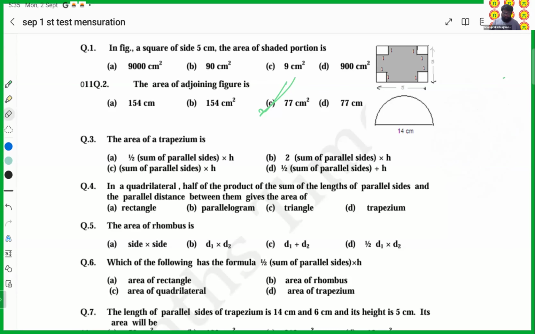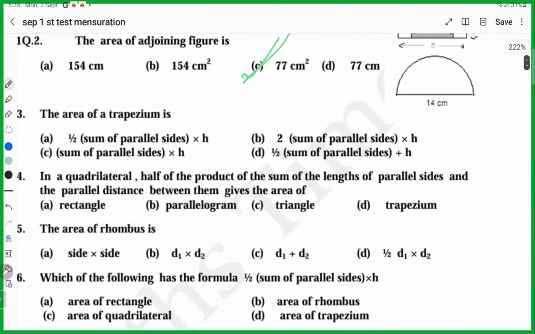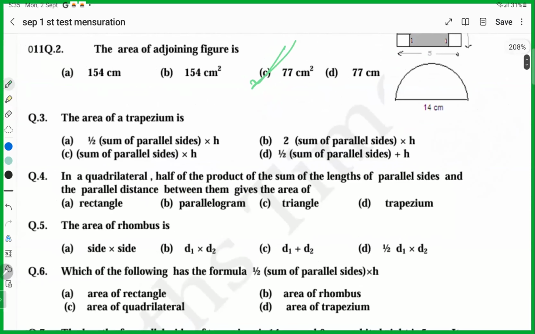Sir, option D. Option A, sir. Yes, sir, option A. So we discussed this. In a quadrilateral, half of the product of the sum of lengths of parallel sides and the parallel distance between them gives the area of a trapezium. Sir, parallelogram?